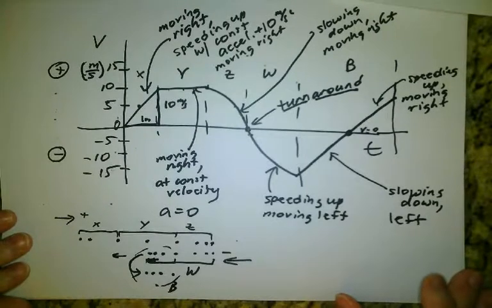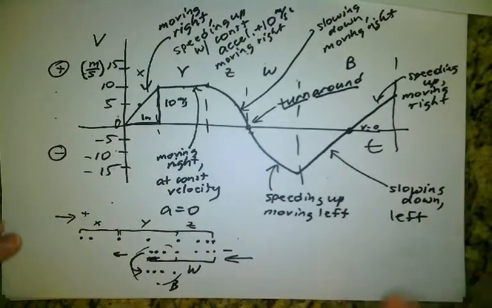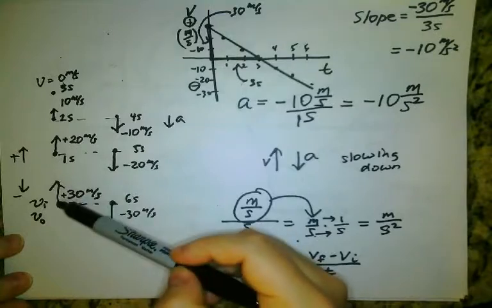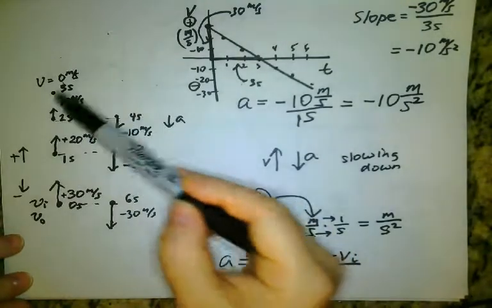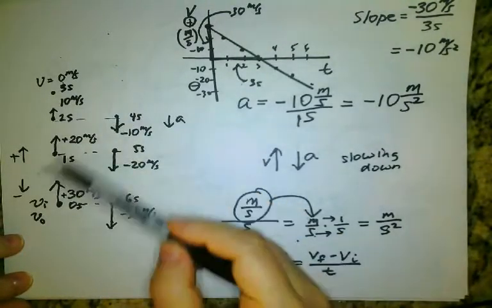If you notice, I threw in the fact that the lengths represent how fast you're moving in this case because it's a velocity vector. If it's shorter, it's slower. If it's faster, it's longer. And the direction, obviously, of the arrow tells you whether you're moving left and right.